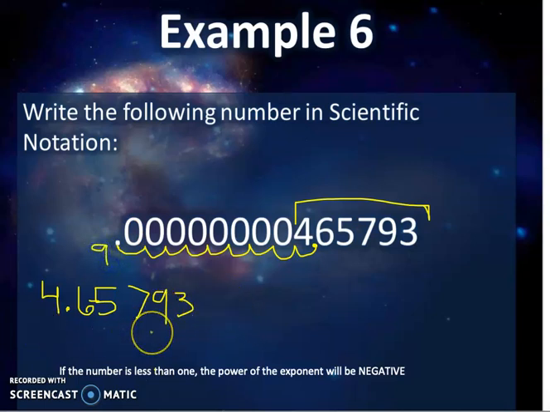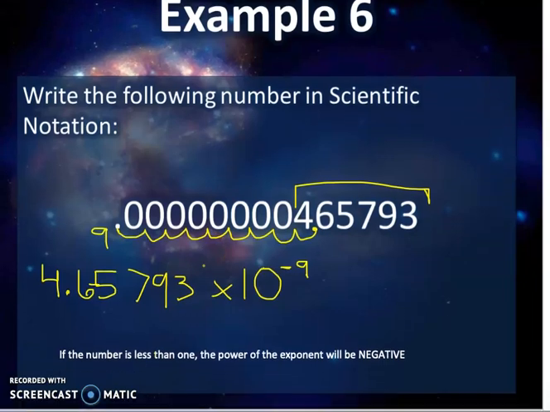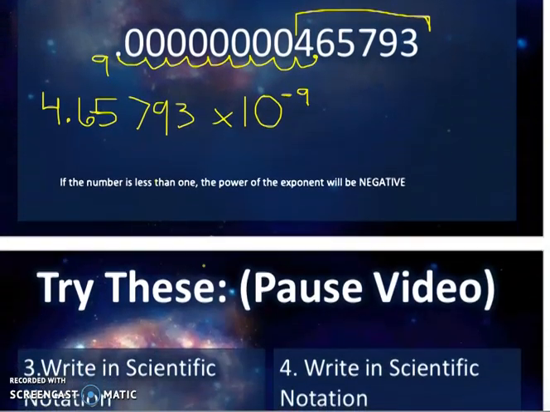So our new answer in scientific notation is 4.65793 times, our base is always 10 no matter what, 10 to the negative 9. It's a negative exponent because our answer is less than 1. Okay, that's it. Easy peasy.